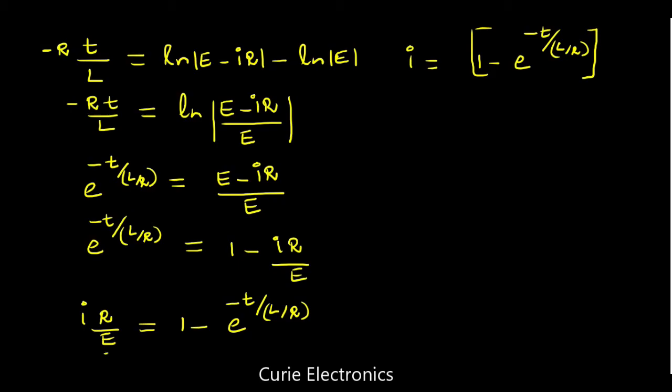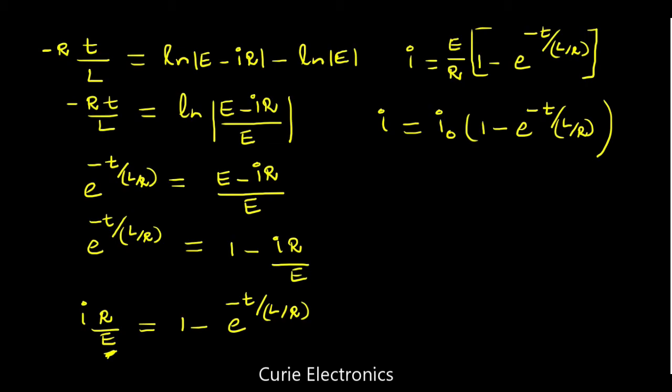So I will cross multiply, I will get E upon R, right? Now I equals, what is E by R? That is the maximum current in the circuit, that is I naught. I naught multiplied by 1 minus e to the power minus t upon L by R.